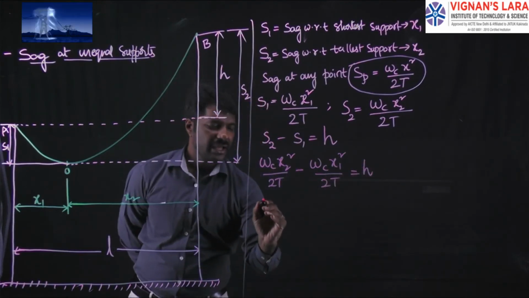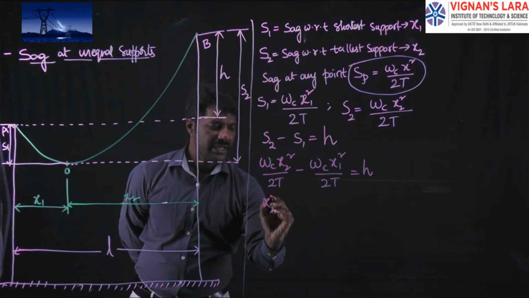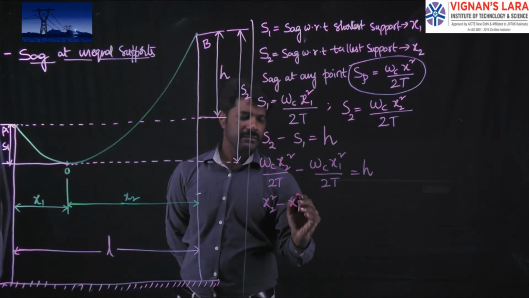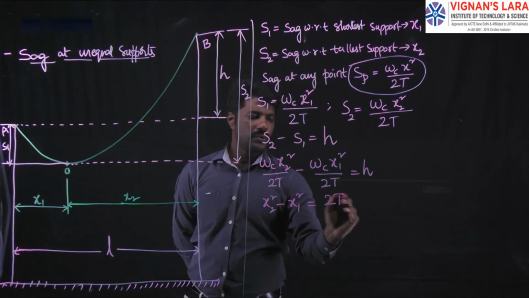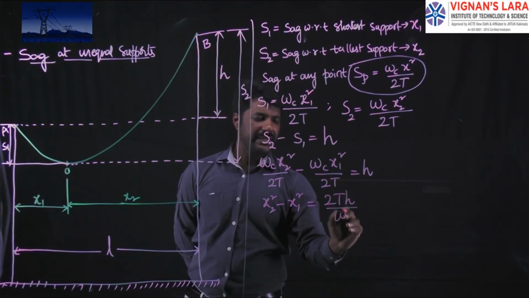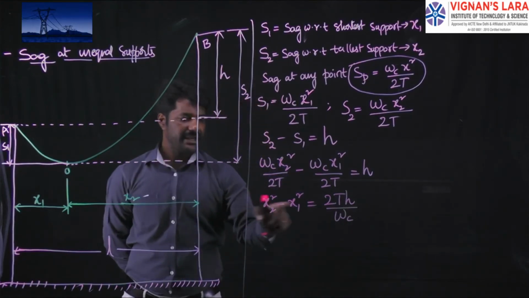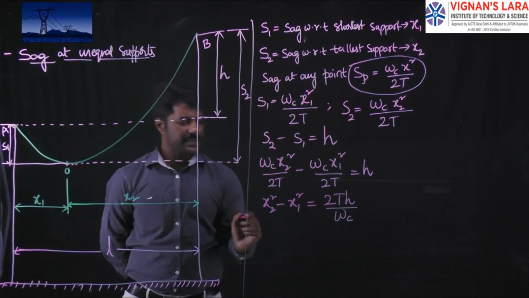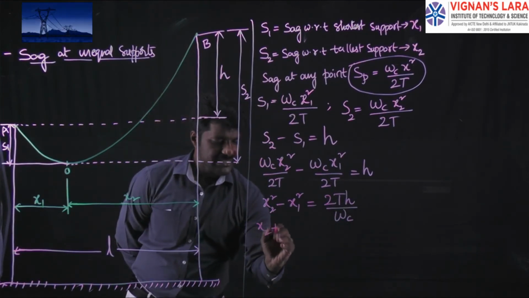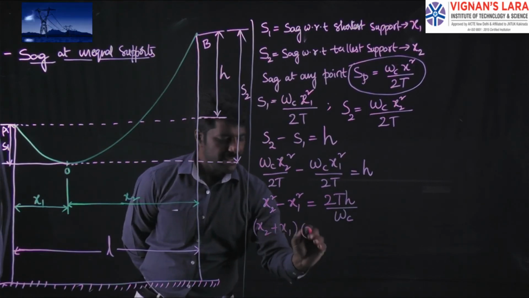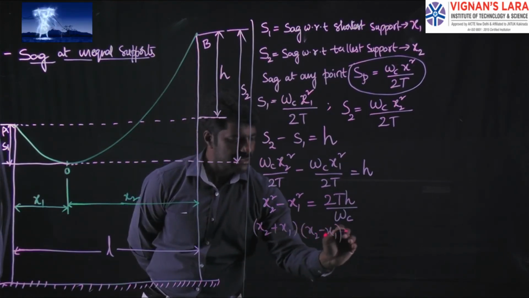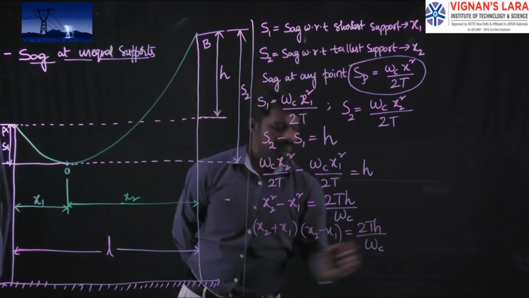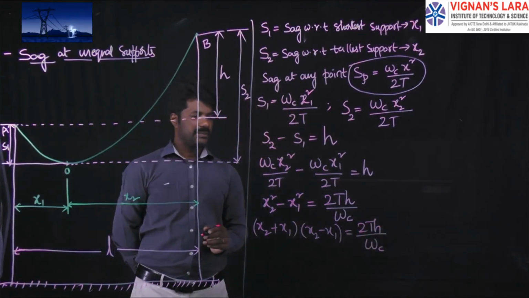So that x2 square minus x1 square is equal to 2th divided by WC. Expanding this, a square minus b square, we know that it is a plus b into a minus b. So x2 plus x1 multiplied by x2 minus x1 is equal to 2th by WC, where WC is the weight of the conductor per unit length.